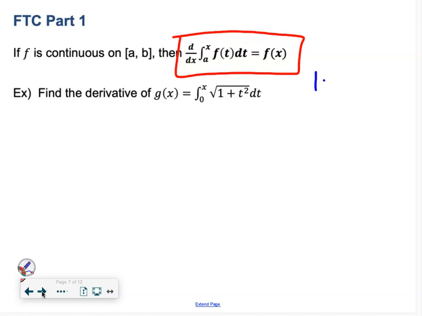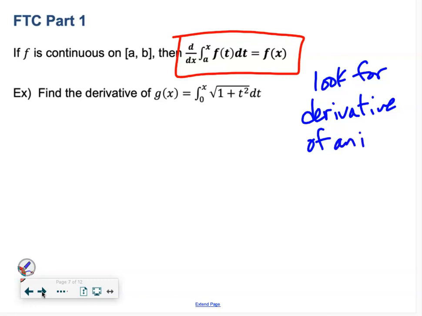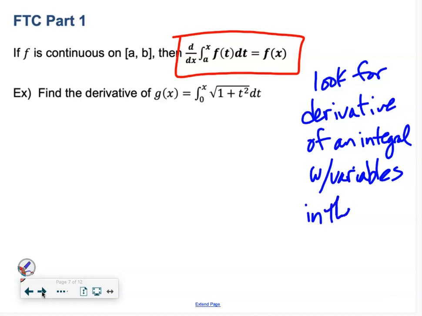I look for a derivative of an integral with variables in the limits. It has to be a derivative, not just an integral with variables in the limits: a derivative of an integral with variables in the limits. You are using FTC, part 1.